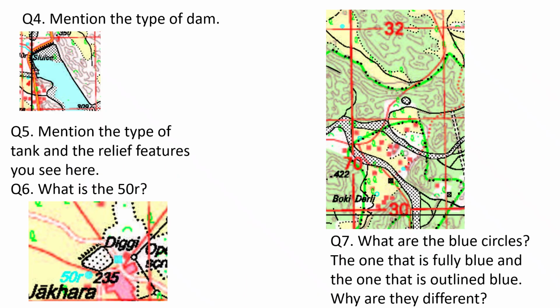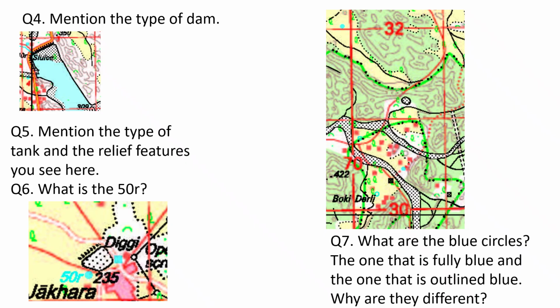Now, we have a few questions. Mention the type of dam which is shown over here. Now, this one over here, the type of tank which is there and the relief feature. This one, this is our tank and our relief feature which is there. And also with that, that's written 50R.